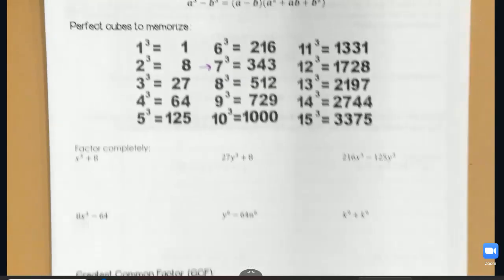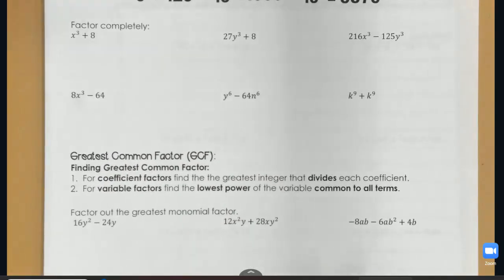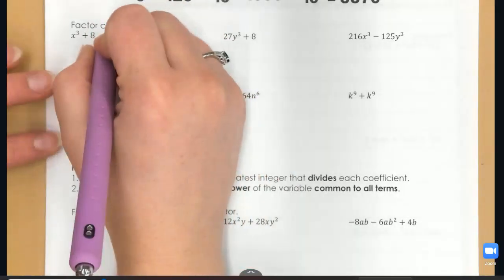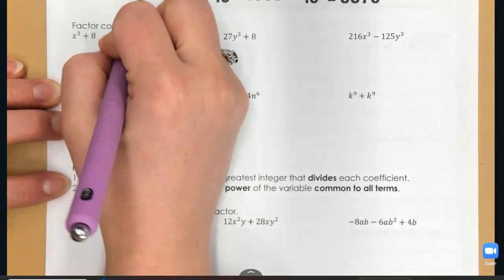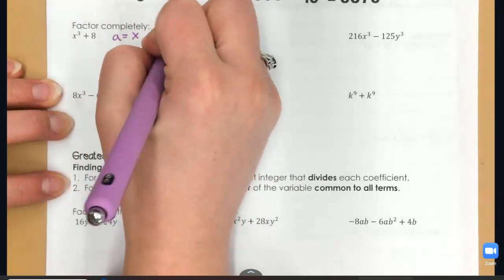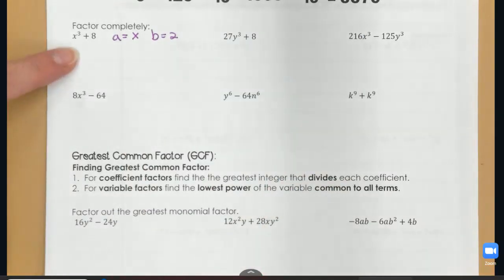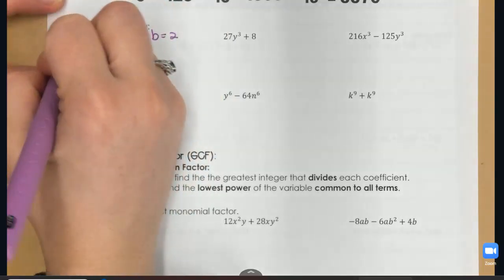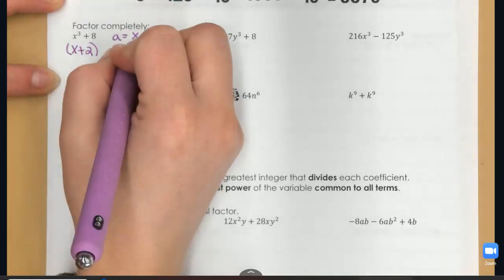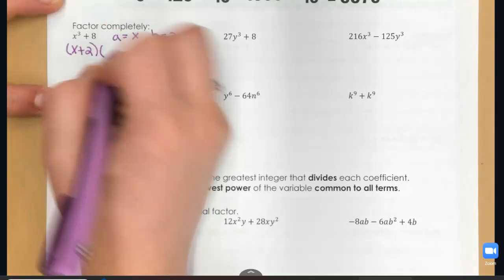So we're going to get into some examples here with factoring, starting with x cubed plus 8. For this one, a is going to be x, and b is 2. So using my sum of cubes, because these are being added, that will give me x plus 2, a plus b, times a squared.